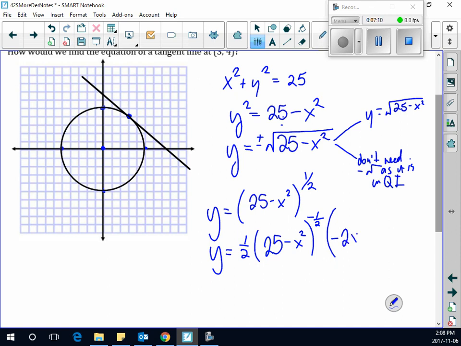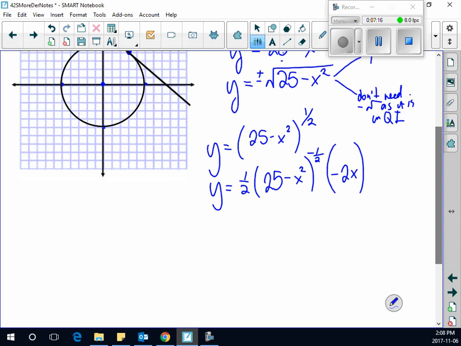Negative 2x. Does everybody see times negative 2x? Yes? And we could simplify that a little bit. The 1/2 times the negative 2x gives me negative x on top, and then the square root that's negative is now on the bottom, yes? Okay. Sorry, y prime equals that.